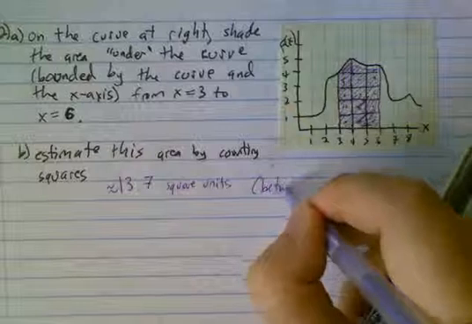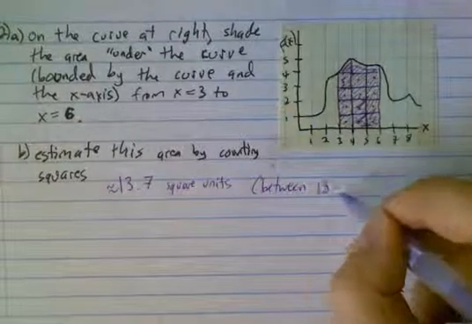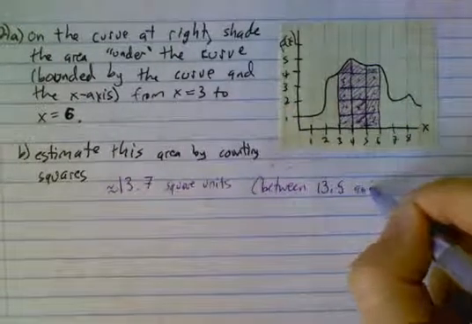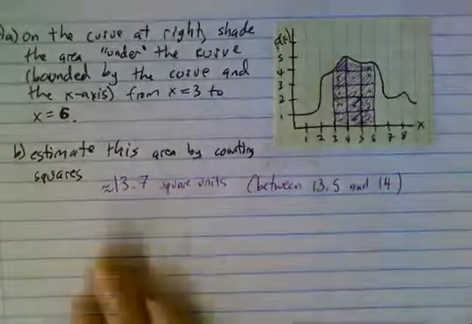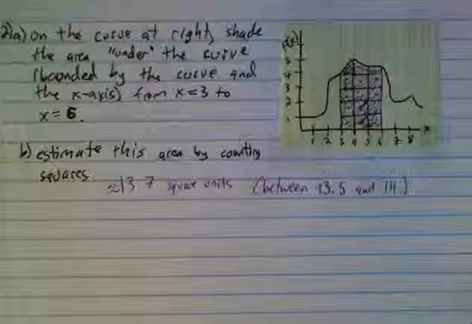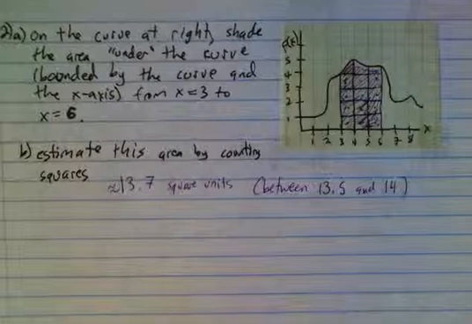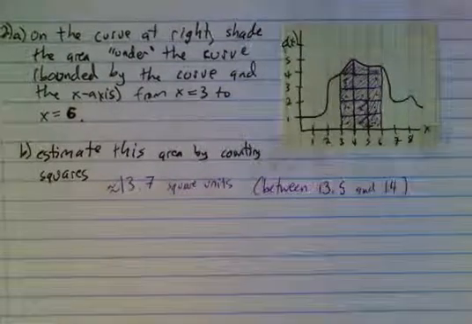Really, probably about 13.5 to 14. So that's all that is. That's estimating. That's the basic idea of finding the area under the curve for calculus.